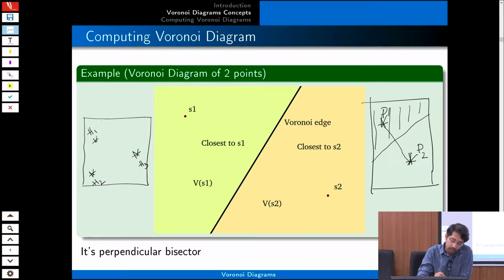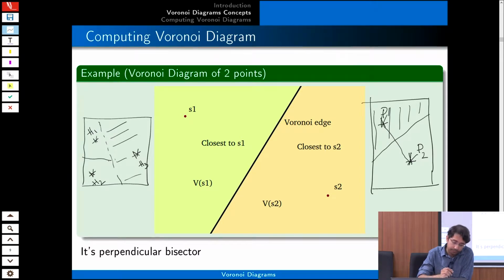I know that if I take the perpendicular bisector of H2 and H3, all the points on this side of the line are closer to H3. So, they cannot be closer to H2. So, these are out. Now, among the rest of the points, if I try to see which points are closer to H2 than H1, what will I do? I will take a perpendicular bisector of the line joining H1 and H2.